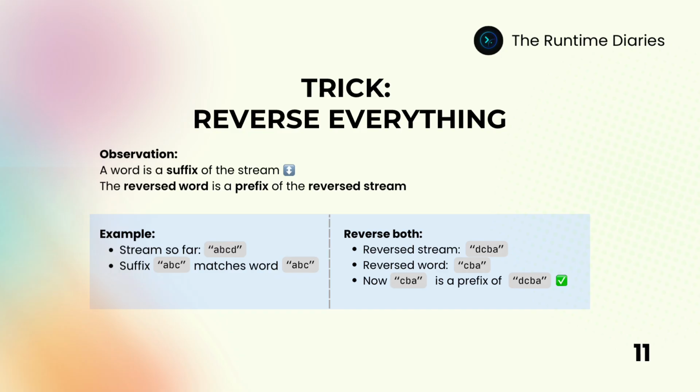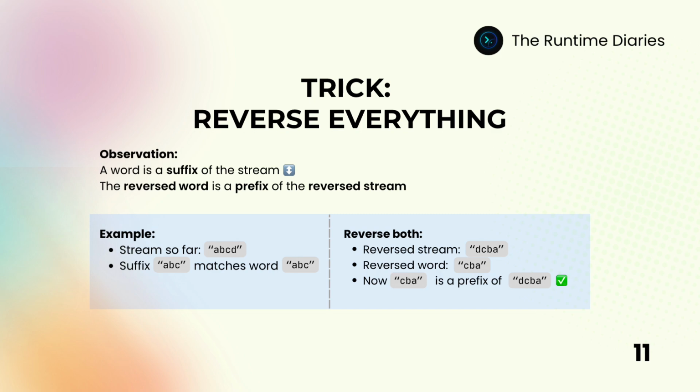Let's see this with a concrete example. So our dictionary is ABC. Our stream so far, ABC. The question here is, does the word ABC appear as a suffix of ABC? Yes. How do we solve it? First, reverse the dictionary word ABC. That becomes CBA. Second, build a trie from CBA. Third, when the stream is ABC, we walk it backwards.